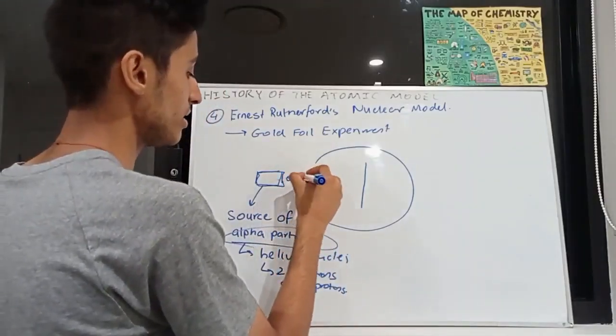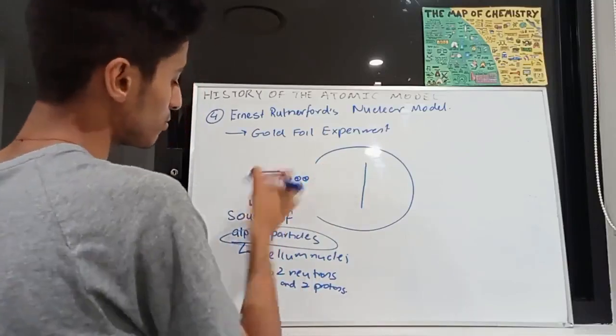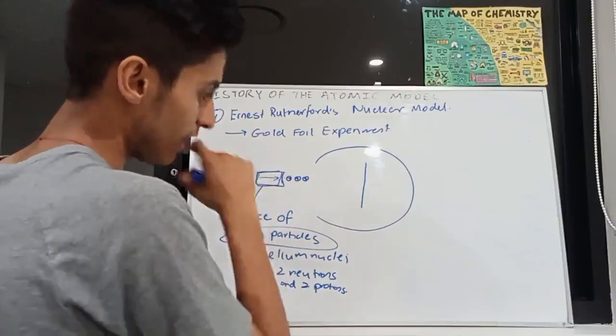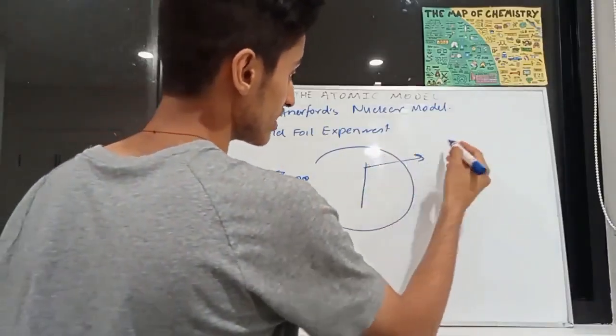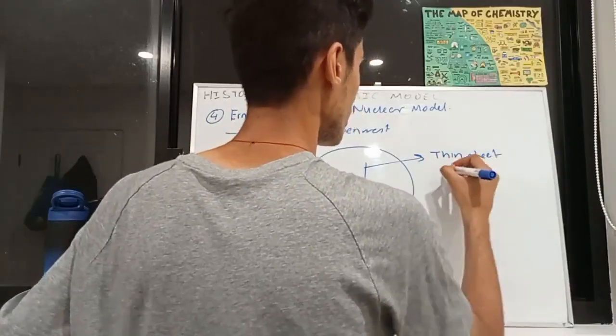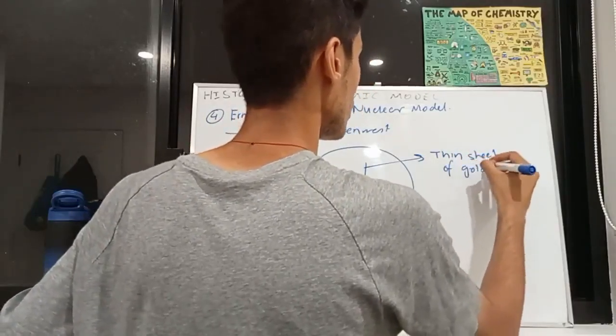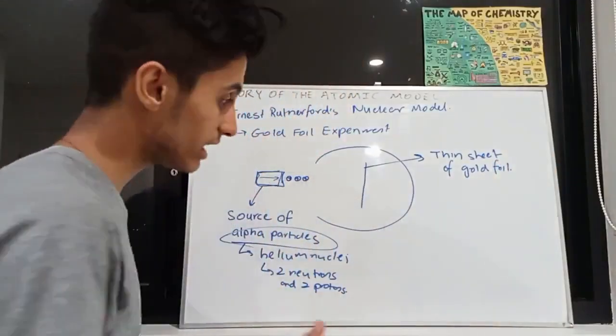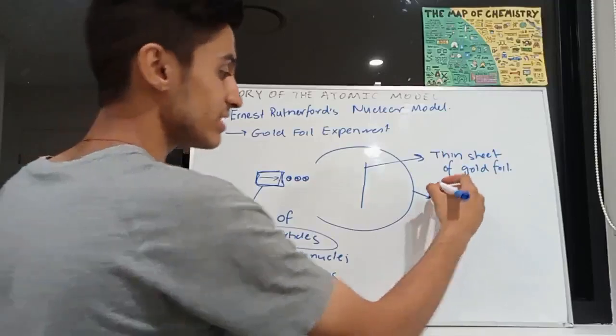So a helium nucleus is basically a positively charged ball. We can just imagine them as positively charged balls. And what this box did is that it shot helium nuclei towards this thin sheet of gold foil. Then finally there was this fluorescent screen.